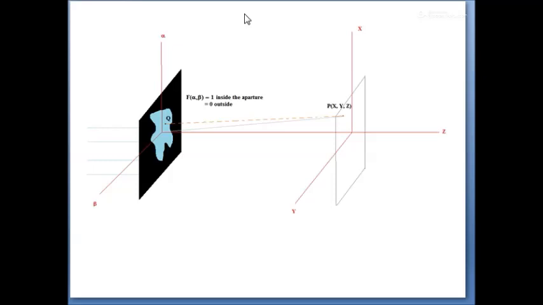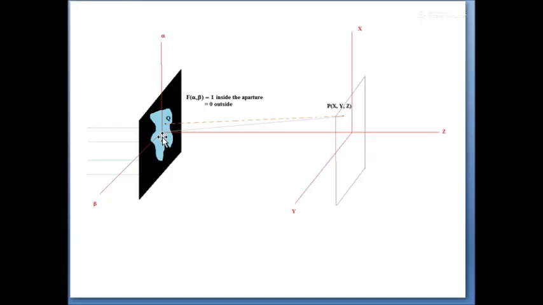Now, those light rays are passing through this aperture and moving towards the point P. A screen is kept at the xy plane, and P is any external point at which I am going to calculate the total effect of the diffraction due to this aperture.